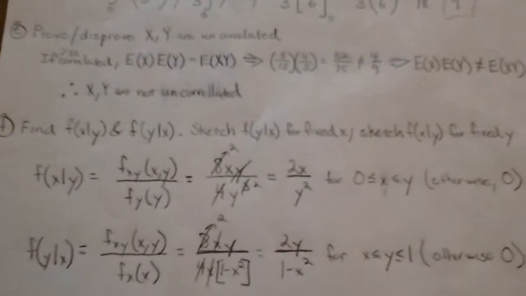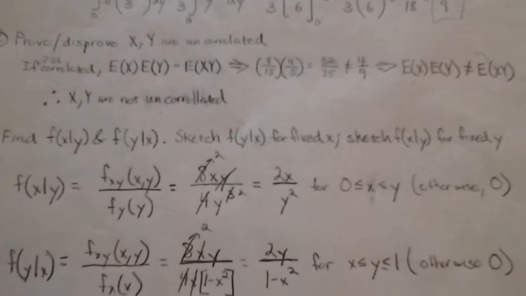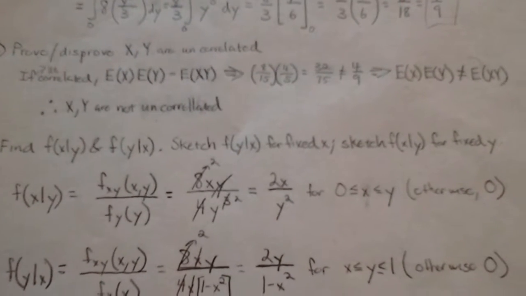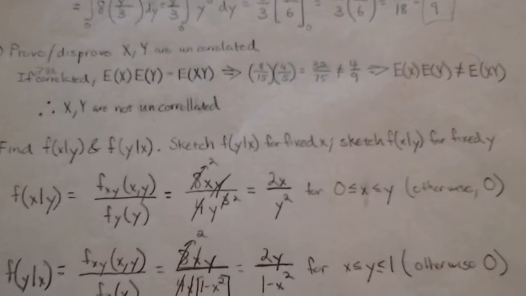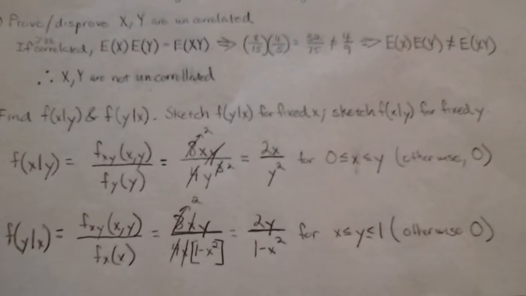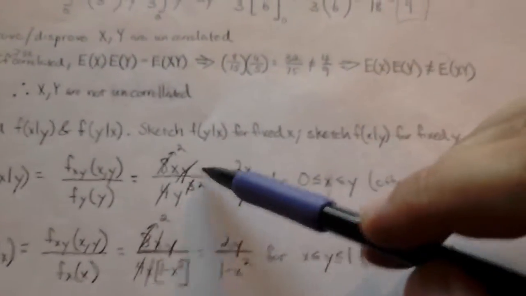When we use the conditional density functions, basically we use the joint density function over the marginal density function of the given. So in x given y, we use the joint density function over fy. In y given x, we use the joint density function over fx. So basically we use the formulas that we calculated earlier.